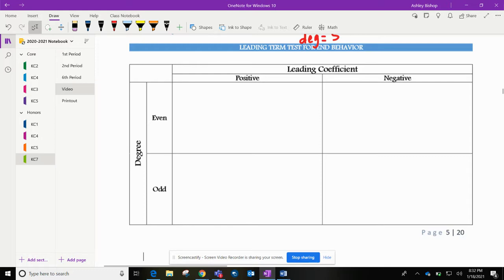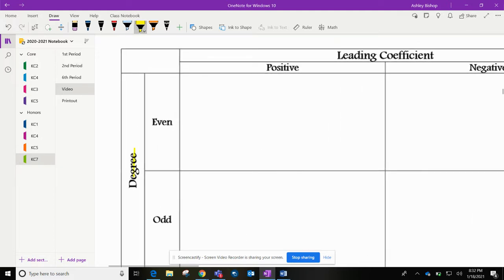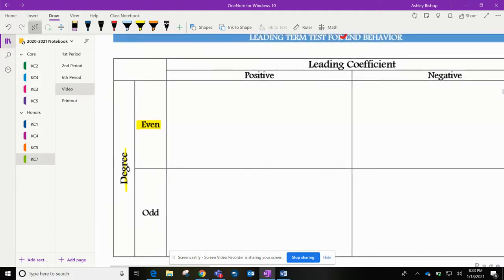And so when we have a polynomial that has an even degree, so degree here, if it has an even degree and a positive leading coefficient.